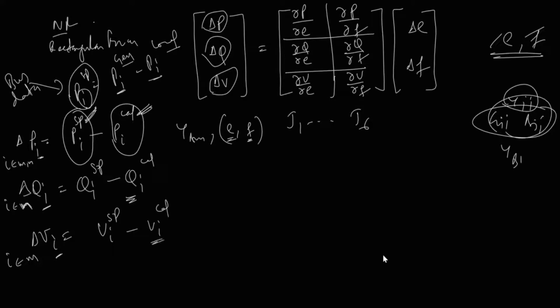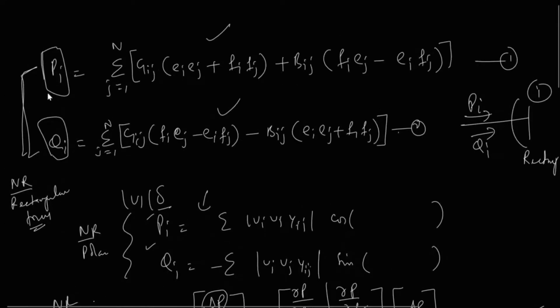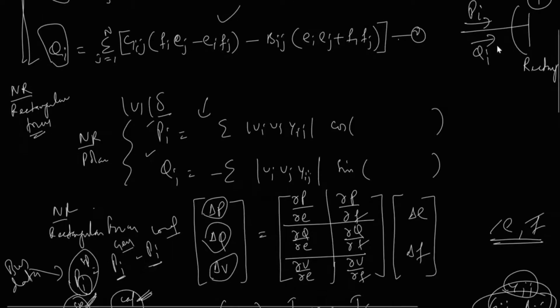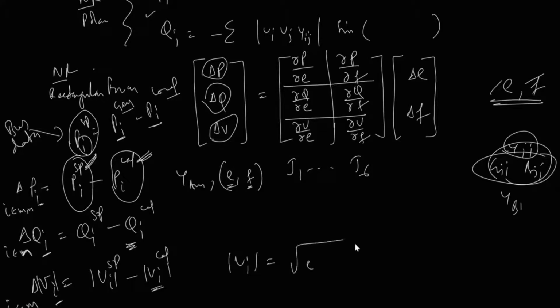What is this Vi calculated? I have given only the power equation and reactive power equation, injections, but not the bus voltage equation. For your kind information, these are all magnitudes. So Vi magnitude is equals to root over Ei square plus Fi square.